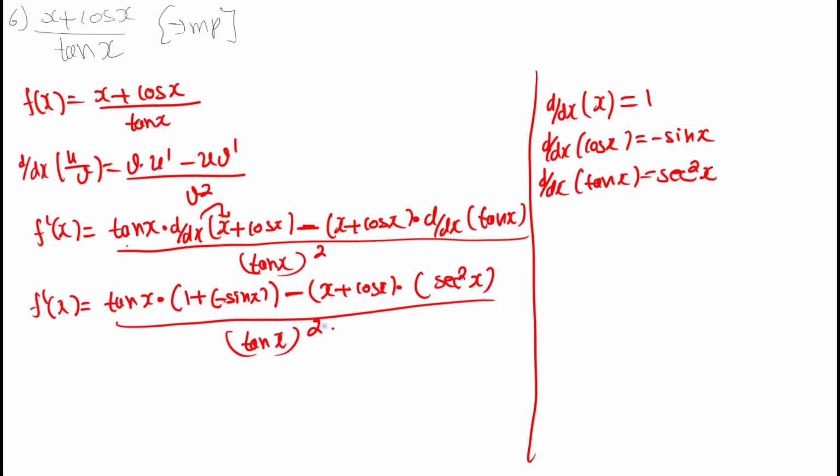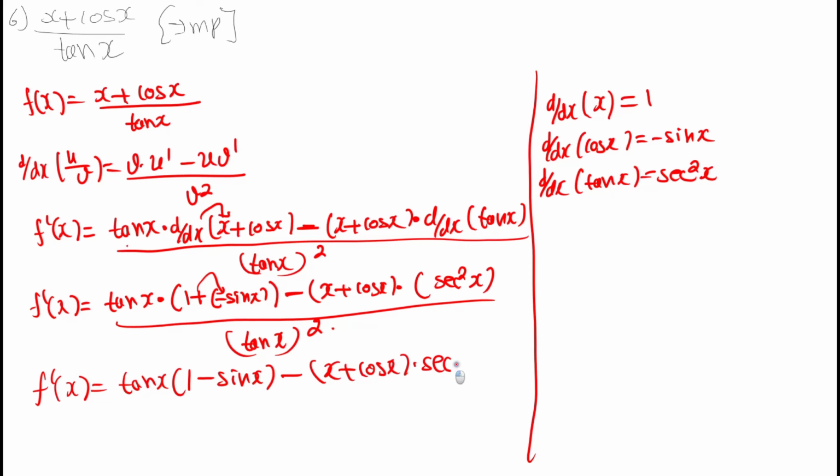In the next step, I'm just multiplying minus, then you will keep the solution like that only. So that f dash of x is equal to tan x into, see, 1 plus into this minus is minus sin x, minus x plus cos x into secant square x divided by tan x whole square. This will be the derivative of the given function.